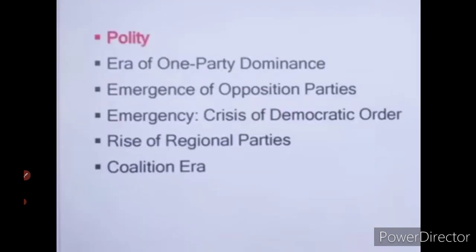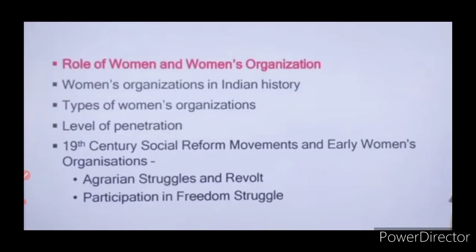Then era of one-party dominance in polity, emergence of opposition parties, emergency, crisis of democratic order, rise of regional parties, coalition era, role of women and women's organizations. So women's organizations in Indian history, what all things were done for it.